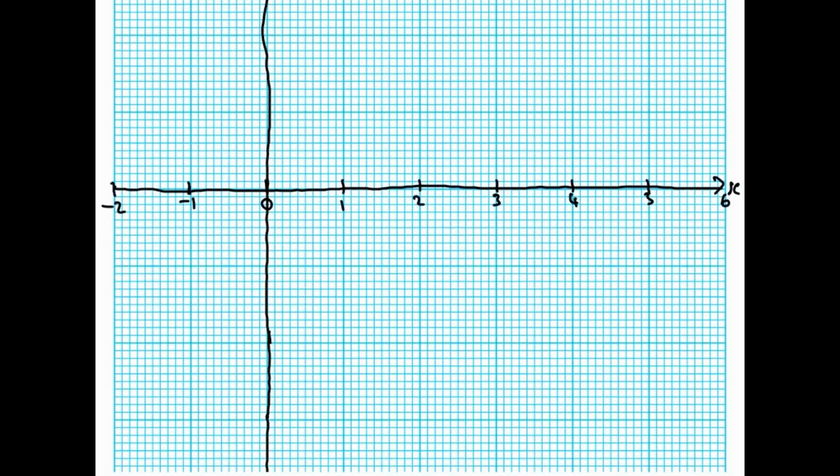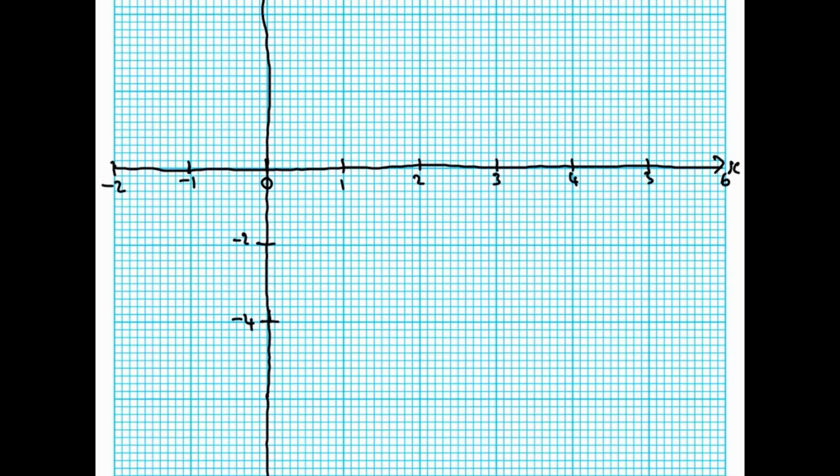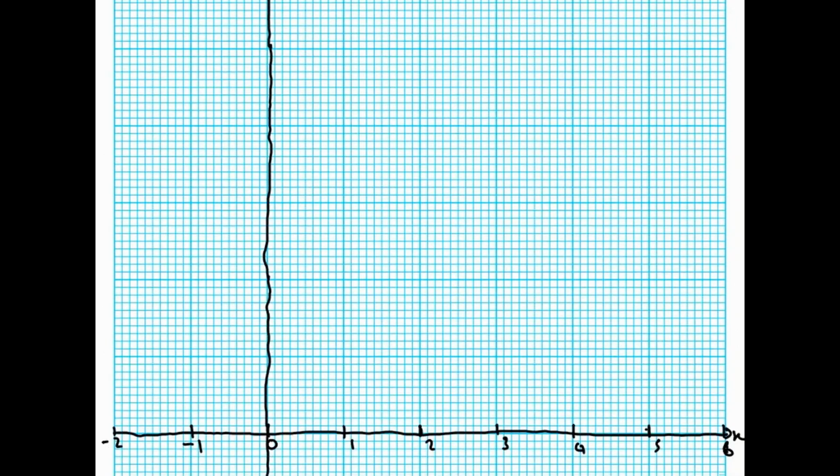So starting at -4, it will be -4, then -2, because every 2 centimeters is 2 units. So it's -4, -2, then 0. Adhering to the scale, at each 2 centimeter mark there will be 2 units on the y axis.